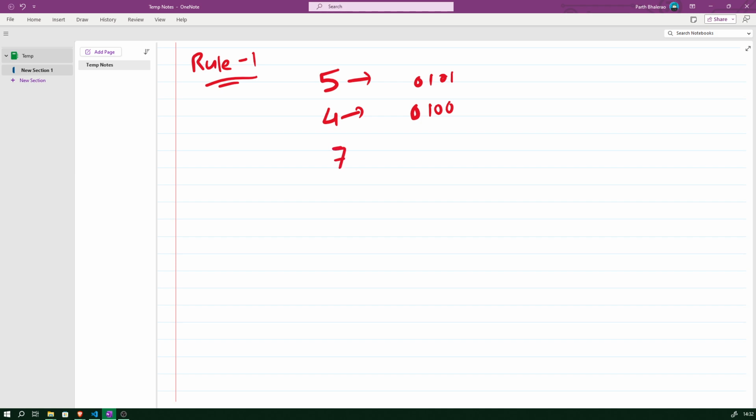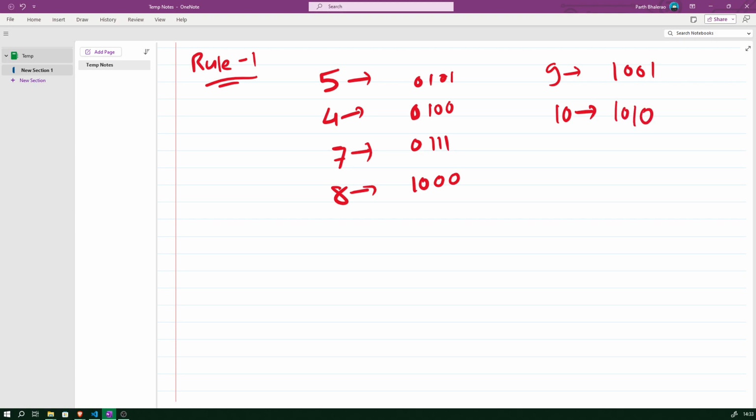Then 7 is 0111. 8 is 1000. 9 is 1001. And 10 is 1010. Okay, perfect.